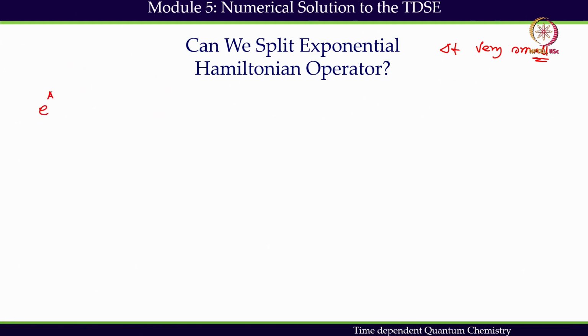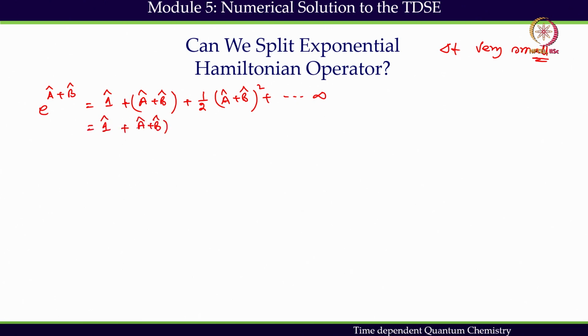I will be able to write e to the power a plus b as 1 plus a plus b plus half a plus b whole square, which is nothing but 1 plus a plus b plus a square plus b square by 2 plus ab by 2 plus ba by 2 and so on. So, this is the form of e to the power a plus b.